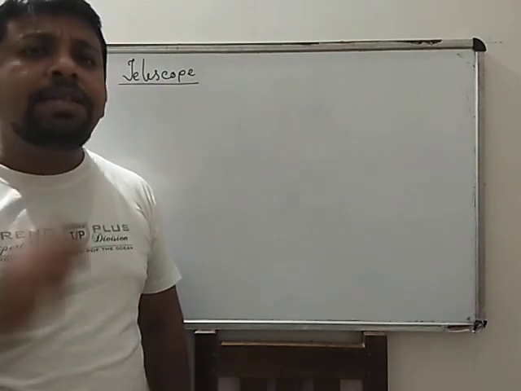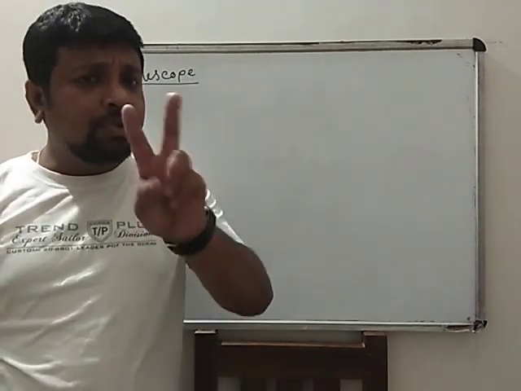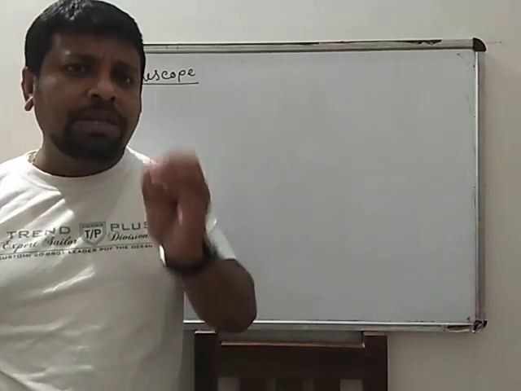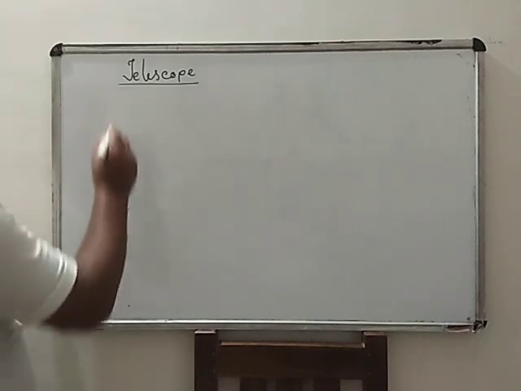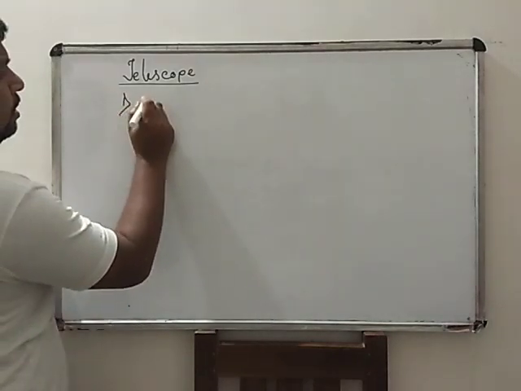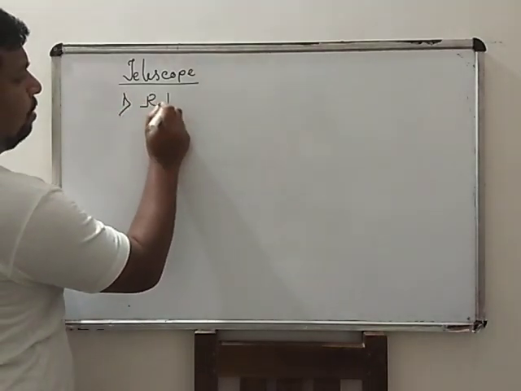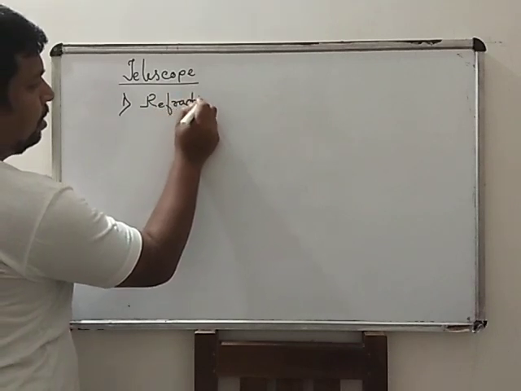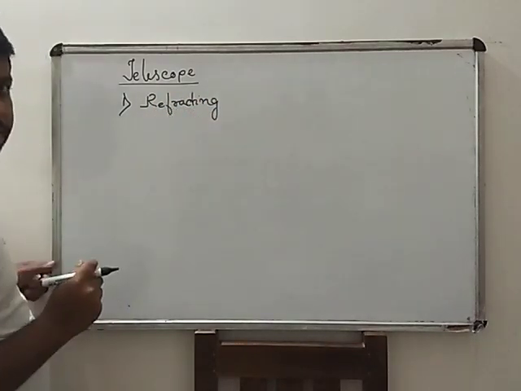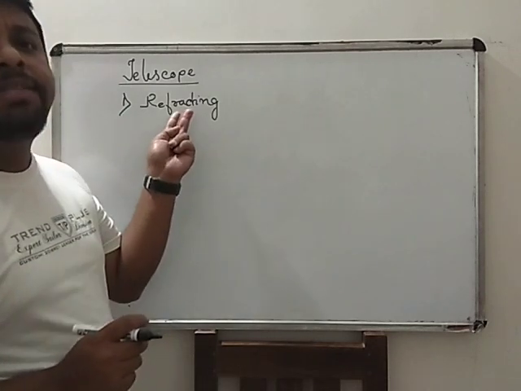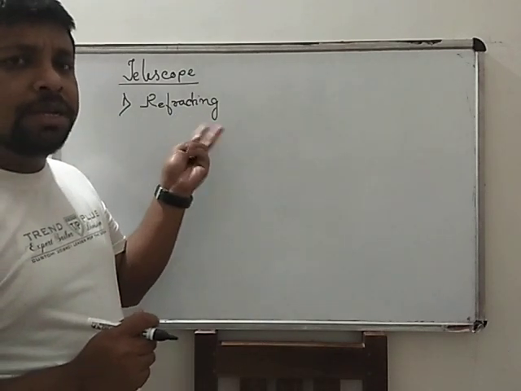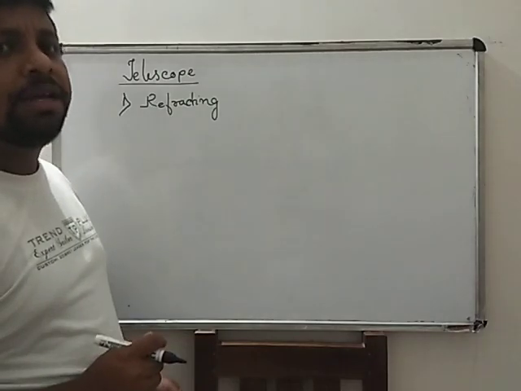Generally we get two types of telescope. The first one is the refracting telescope. That means in this type of telescope, lenses are used.